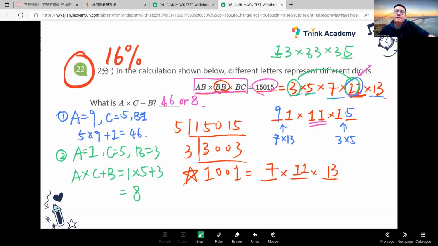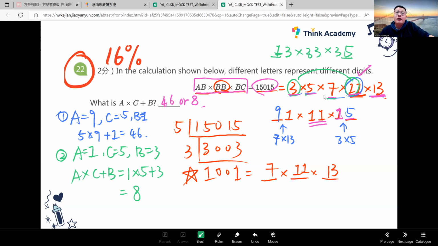And also for this 15, you can try 13. But if you try 13, you're going to put 3, 5, 7 all together and multiply them all together. It's not a 2-digit number. It's a 3-digit number. So that doesn't work. And then I'm thinking of how I can get a 1 something number over here.